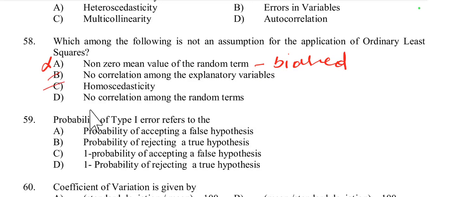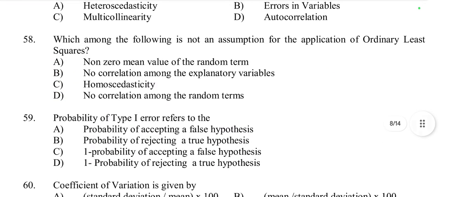Then option D, no correlation among the random terms. Yes, random terms or errors should be uncorrelated with each other. It is required to avoid autocorrelation. So option D is also right. So only option A is not an assumption. So option A is the right answer here.